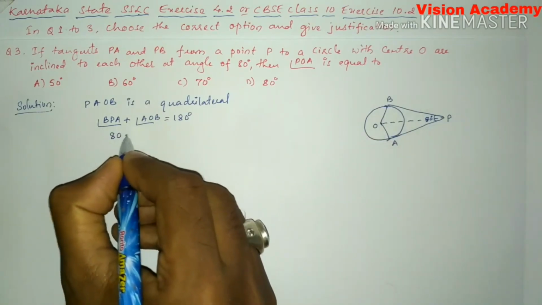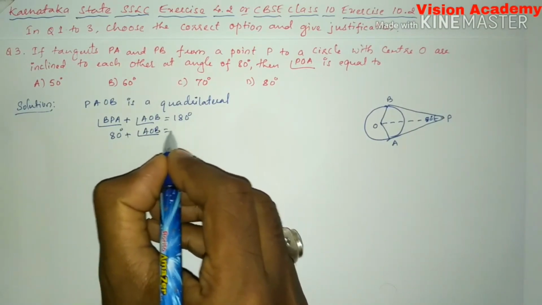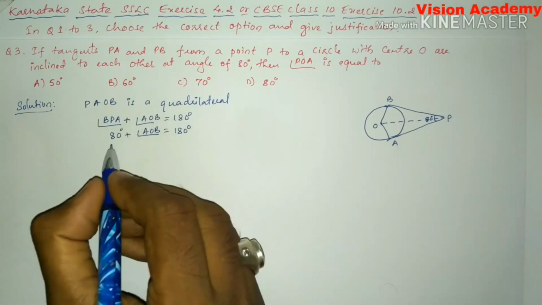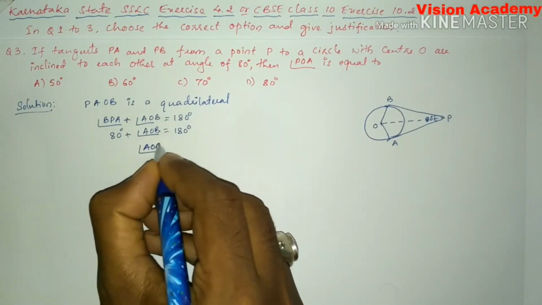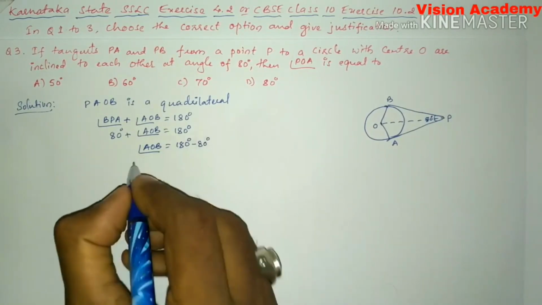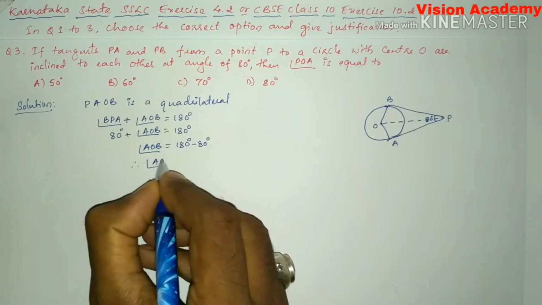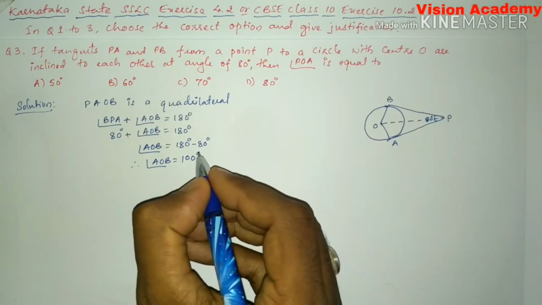Here we'll write 80 degree plus angle AOB is equal to 180 degree. Now transform this 80 from LHS to RHS. It will become angle AOB is equal to 180 degree minus 80 degree. Therefore, angle AOB is equal to 180 minus 80, which is 100 degree.